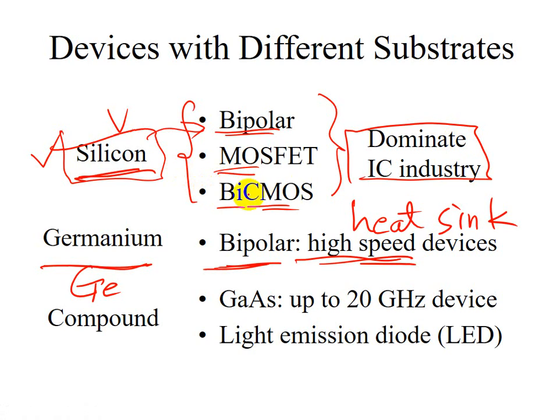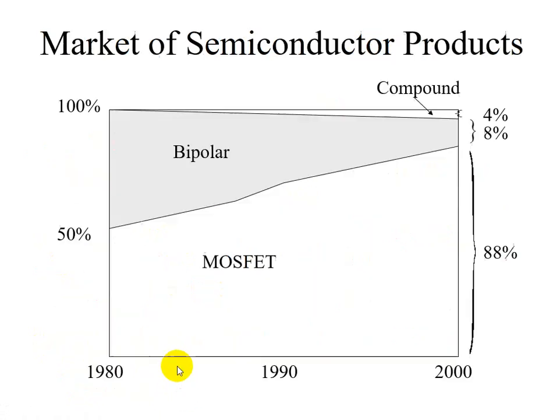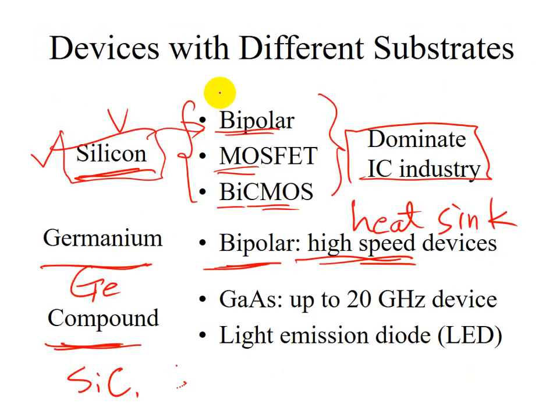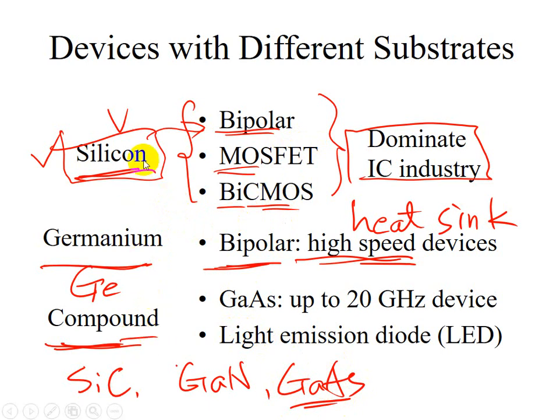If you are using compound semiconductor, for example, silicon carbide, or gallium nitride, or gallium arsenide, etc. In general, the compound semiconductor has a very special band structure, electronic configuration band structure.